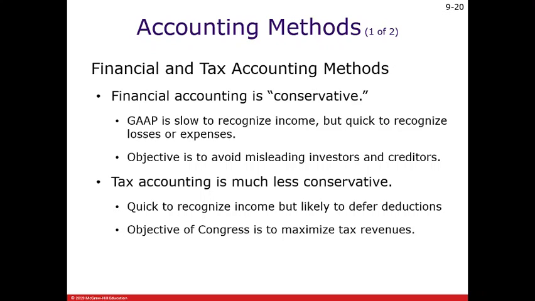So think about the objective of financial accounting. The objective of GAAP, if you're using the accrual method, is to recognize income as quickly as possible, but not expenses as quickly as possible.